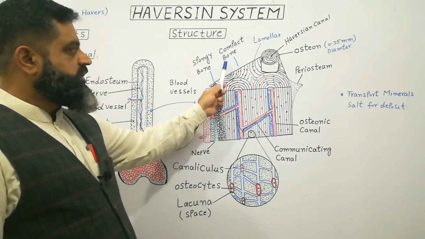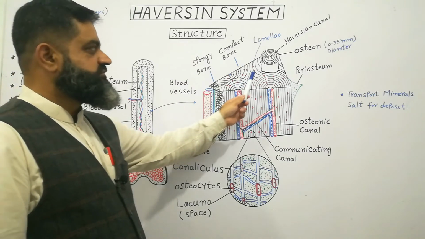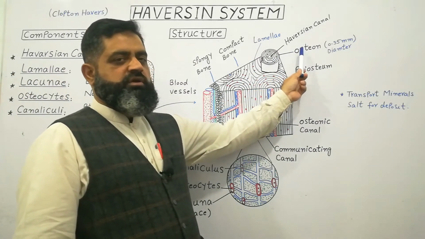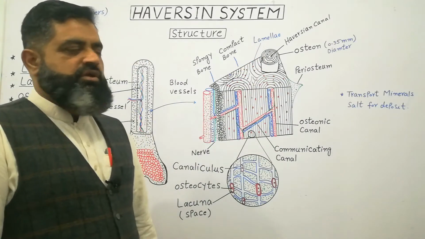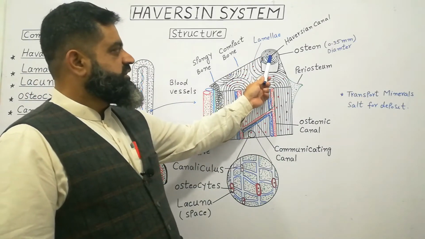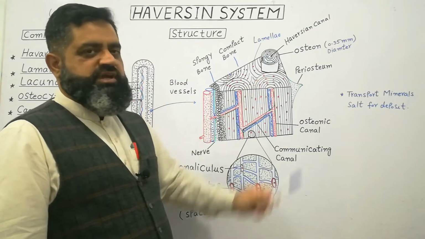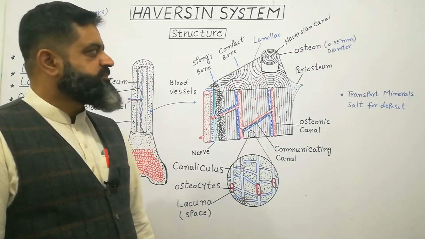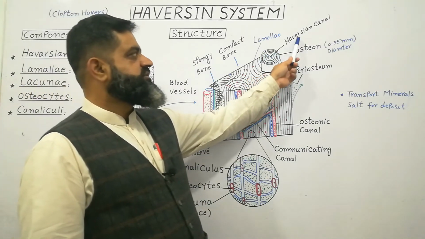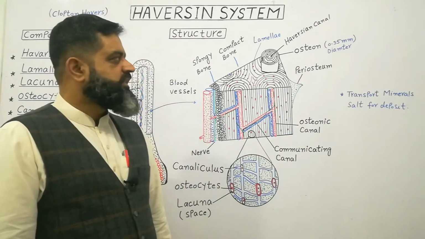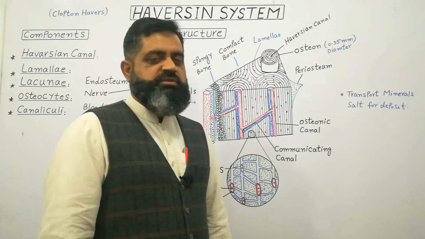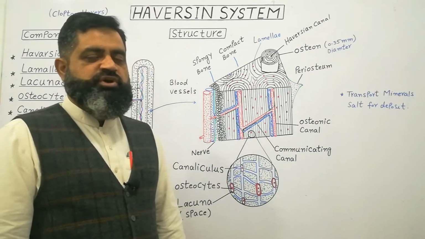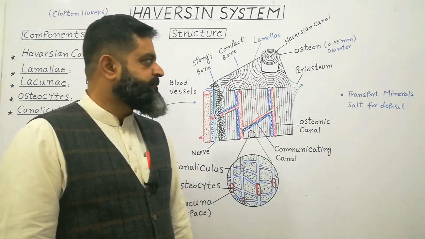The compact part of the bone contains units which are known as osteon, which are made up of lamellae or concentric rings, which contain osteocytes and lacunae, which are spaces, and in the center there is a canal which is known as Haversian canal. Each osteon has a diameter of 0.25 mm to 0.35 mm.